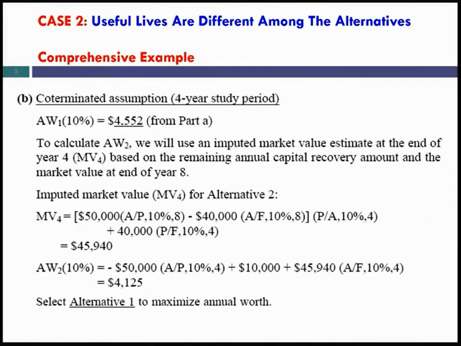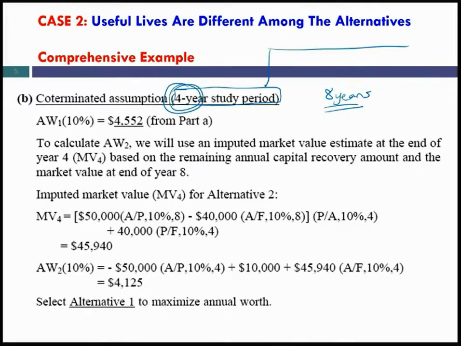In part B of the question, we need to use a coterminated assumption, and it said that we will have a 4-year study period, which means that, remember, the useful life of the second alternative was 8 years. But we finish our analysis in 4 years.